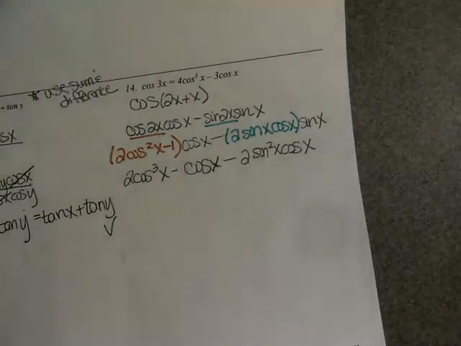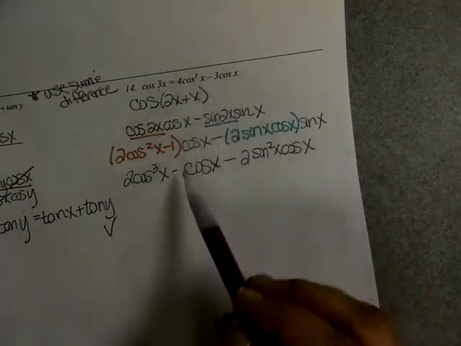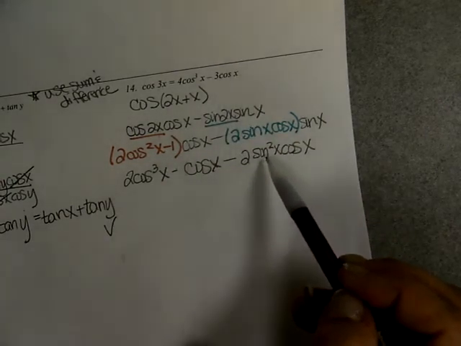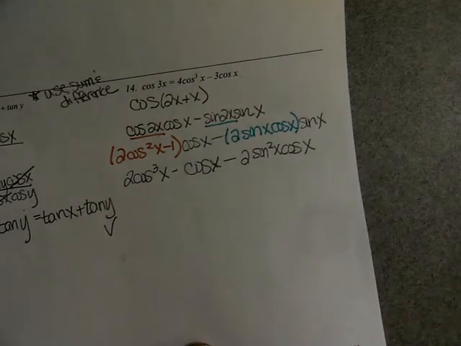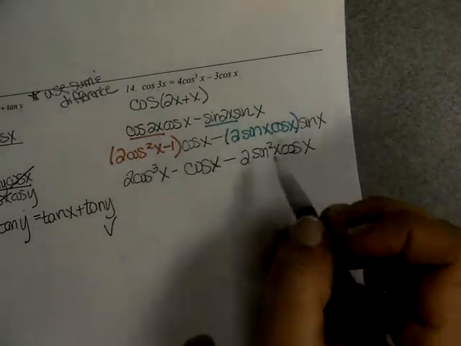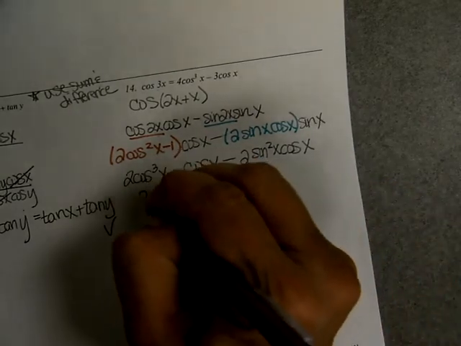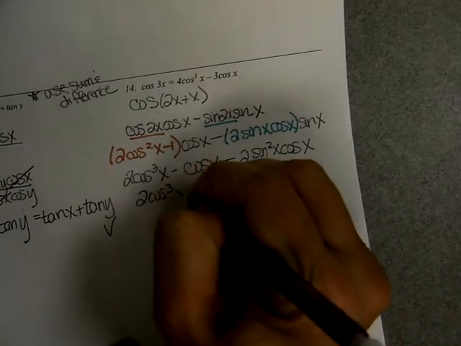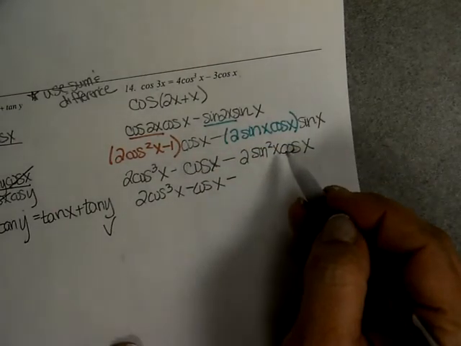Okay, so now the only thing, because again we do want cosines, but we need to get rid of the sine squared x. How could we do that? Someone might say, well, you could use the power reducing formula. We could, but I think there's a nicer way. So I'm going to use the Pythagorean identity, and that's a way that I could get rid of that.